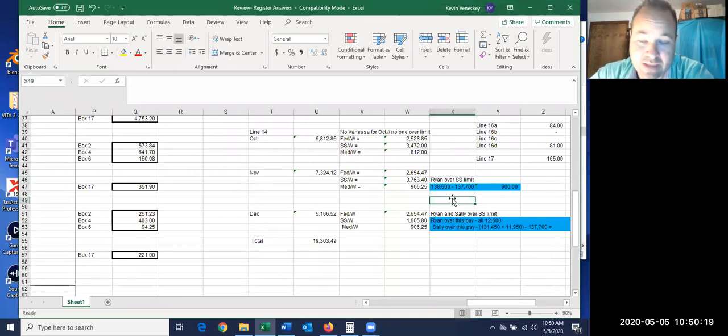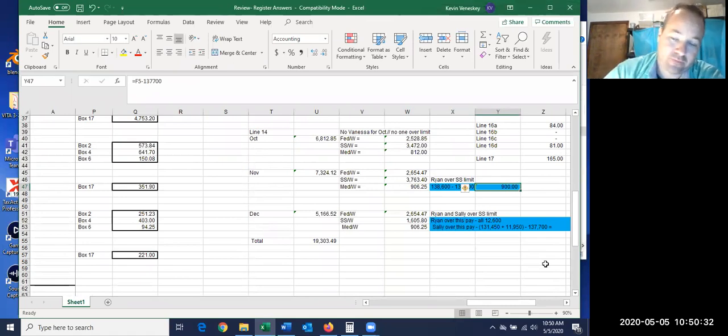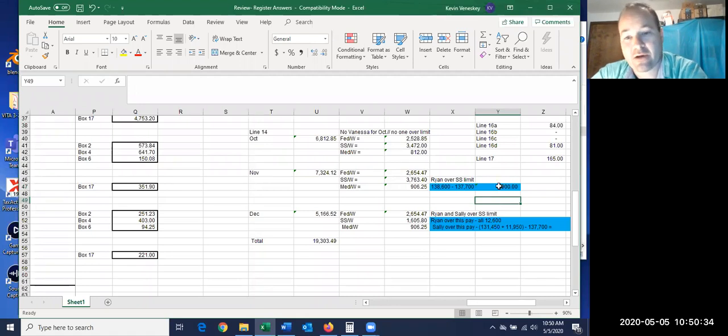This is how I went about it. This is what he made total in Medicare. This was the cap. So he went over by 900. So all I'm doing is subtracting out 900 from his total Medicare wages.